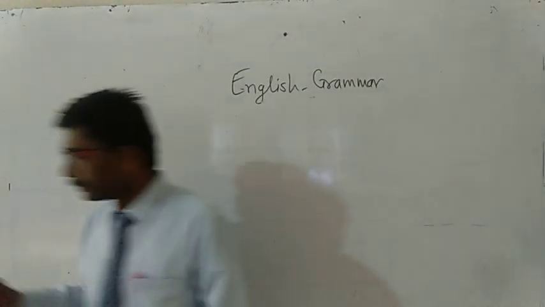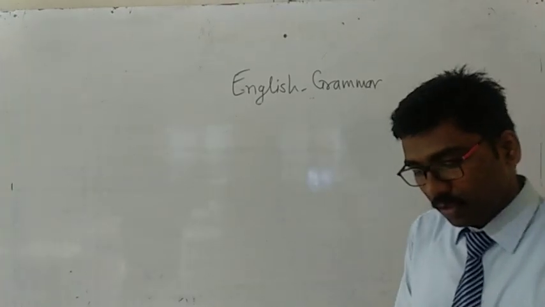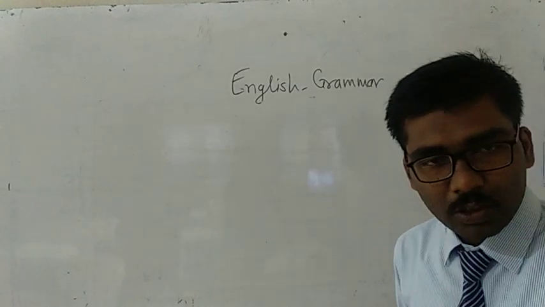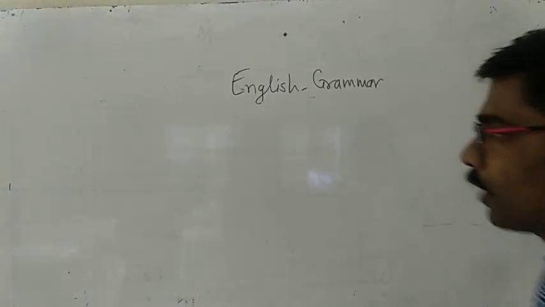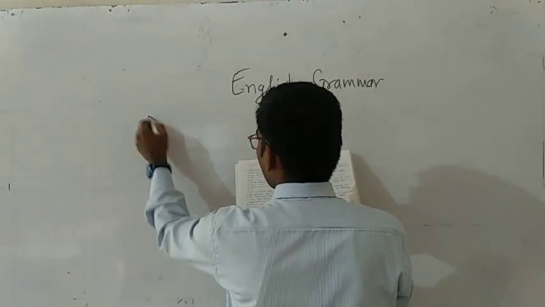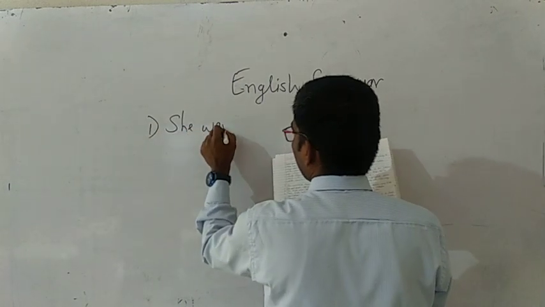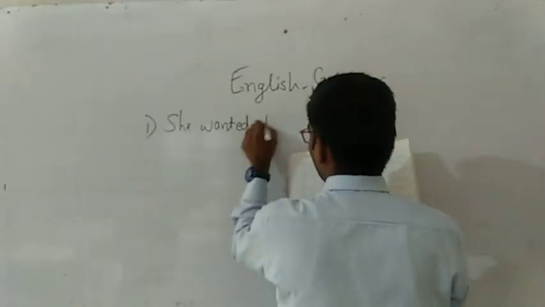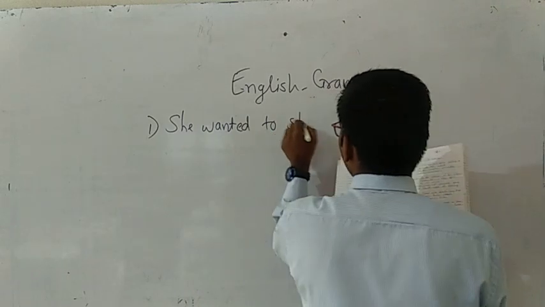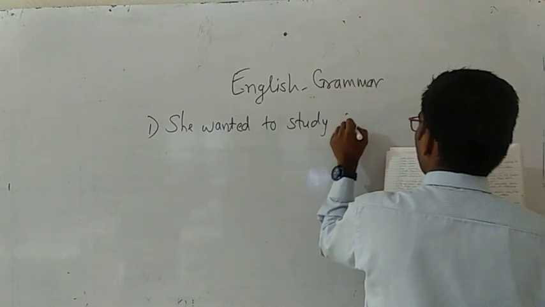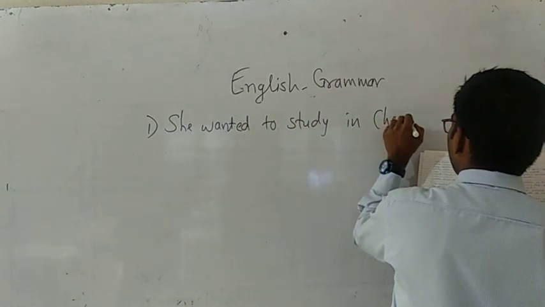So for example, I will write here some questions. I have the questions. So dear students, how to find out the underlined part? The first one: she wanted to study in Chennai.